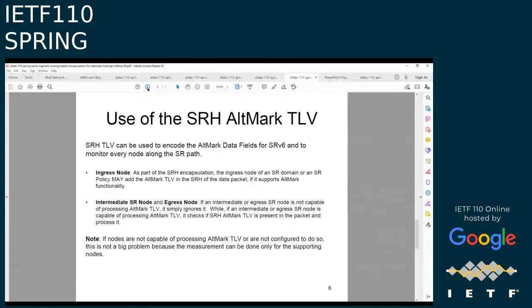While if an intermediate node or egress node is not capable of processing the alternate marking TLV, it can simply ignore it. It is worth noting that this is not an issue because if a node does not support this TLV, the measurement can be done only for the supporting nodes, and a node that does not support this TLV is just out of the measurement. Next.